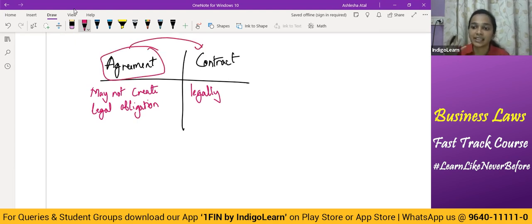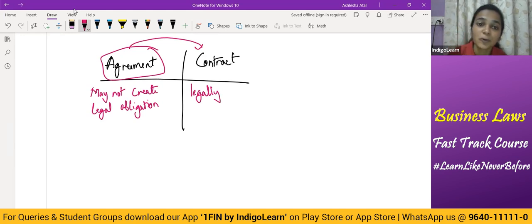If an agreement is not in place, there wouldn't be a contract. So for a contract to come into existence, there has to be an agreement. But for an agreement to come into existence, there is no necessity of a contract. As a contract is nothing but an agreement enforceable by law, contract includes an agreement. So all contracts are agreements. However, all agreements are not necessarily contracts.